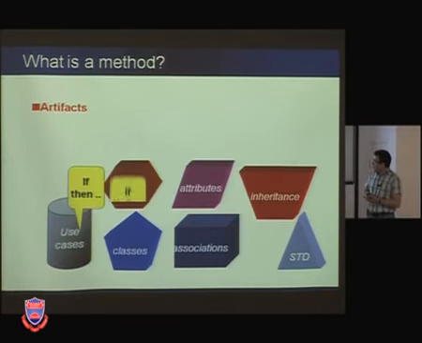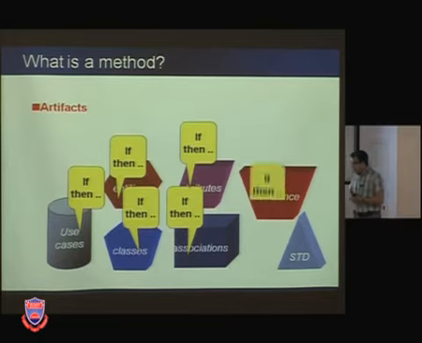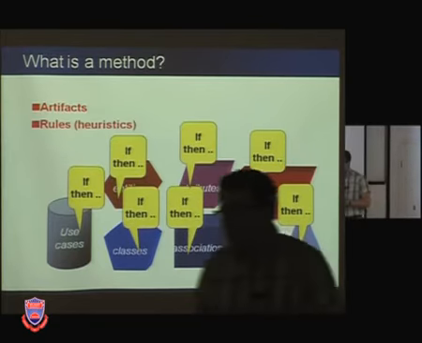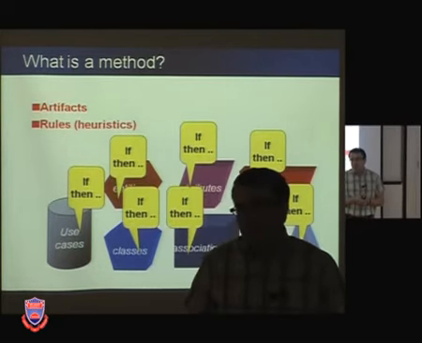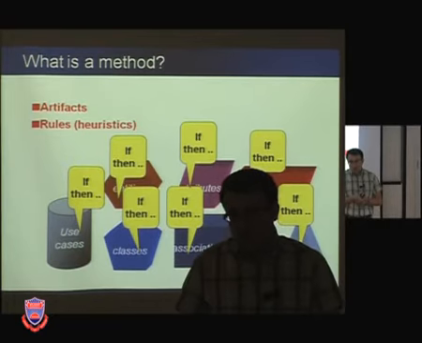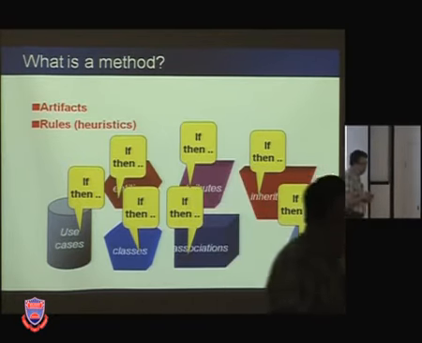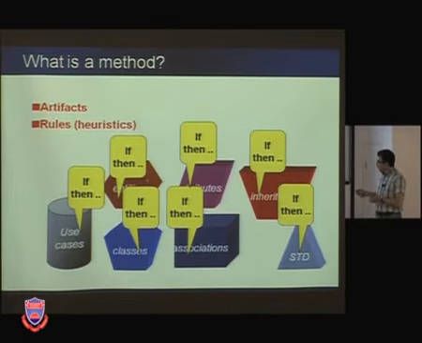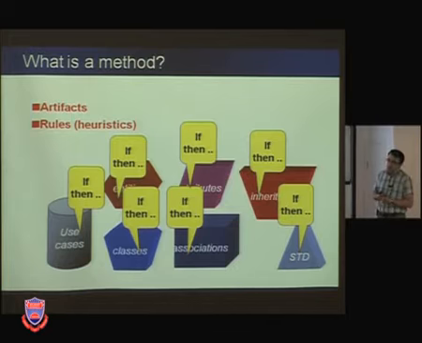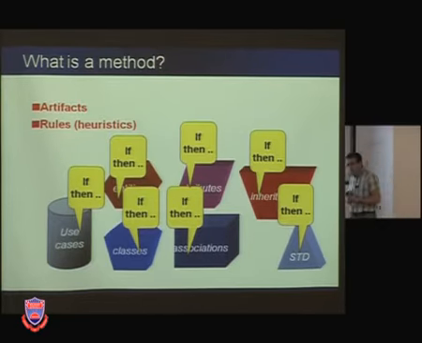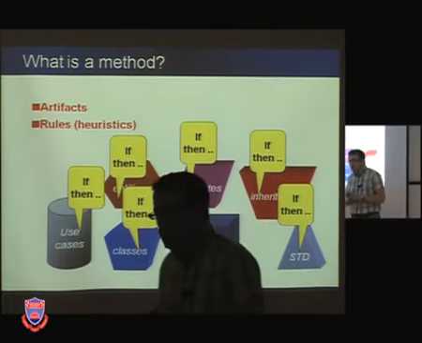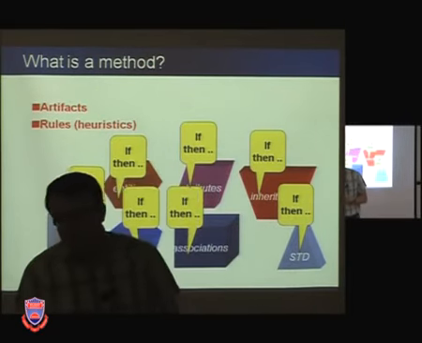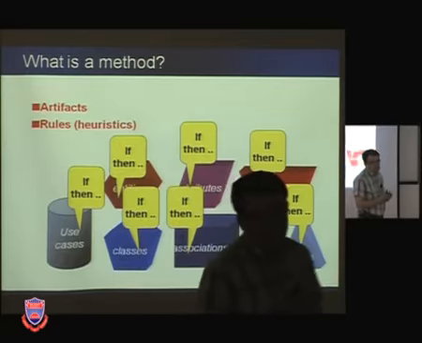Well, to develop these artifacts, we actually apply some implicit or explicit rules. One rule is, for example, if you identify some entity in your requirements document, a rule could be: if that entity is important in the application domain, if it's complex, then it's typically a class.